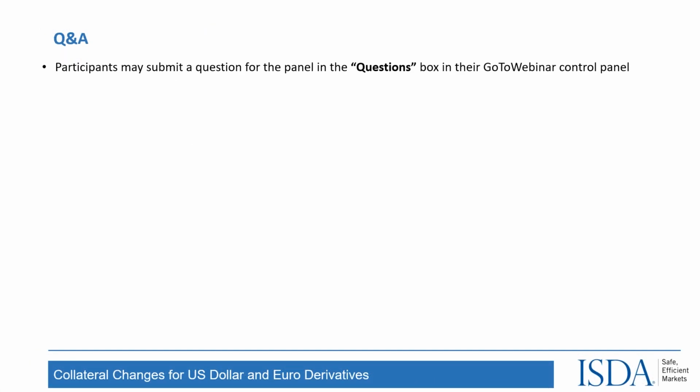So the first question we received is, why do these changes apply only to US dollar and euro? That's a good question, and it goes back to the alternative risk-free rates that have been identified in the different jurisdictions.